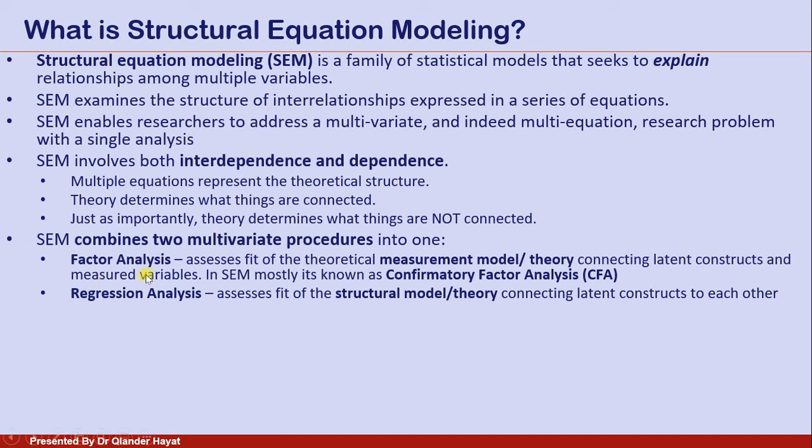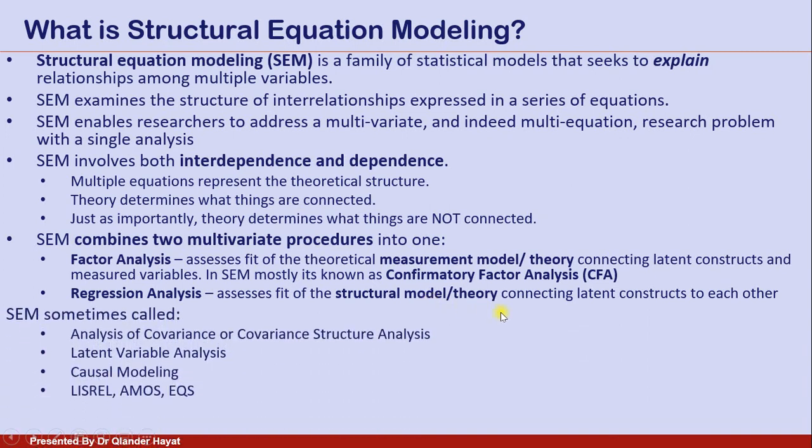First of all, SEM uses factor analysis and then combines this factor analysis with regression analysis. This is done by developing two models. The first model is known as the measurement model and the second model is known as the structural model. In simple words, SEM is developed based on these two models: first the measurement model and second the structural model.